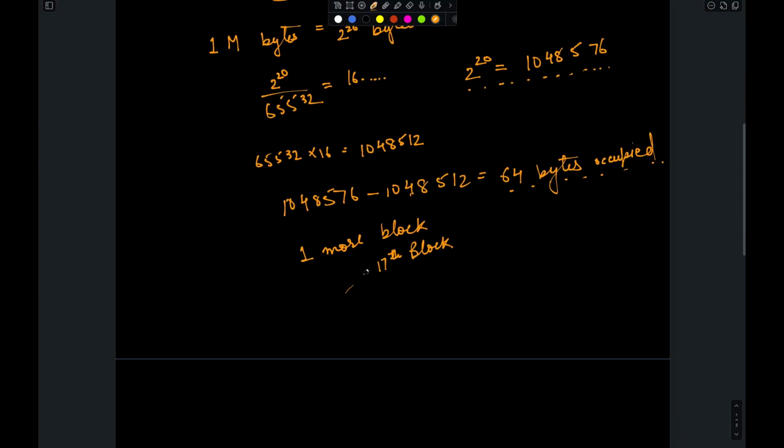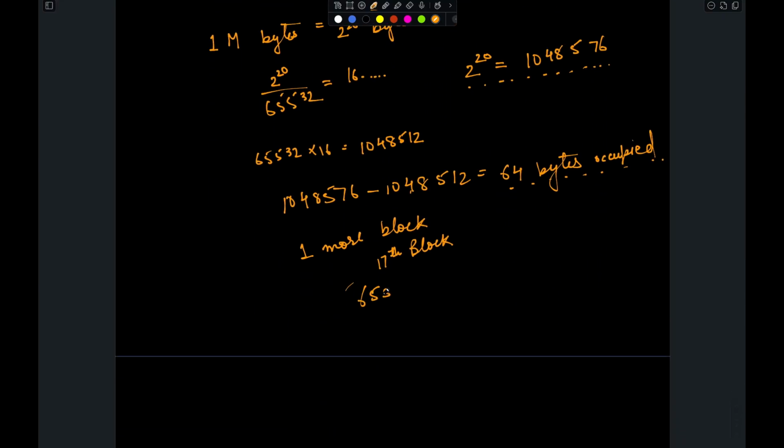Now since each block is of size 65536, and we have only 64 bytes, we would be left with roughly an empty space of about 65,472 bytes. But now additionally, if you think this is the right answer, let me add another point here.